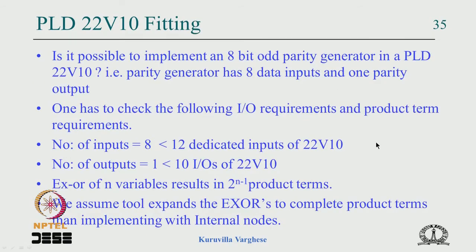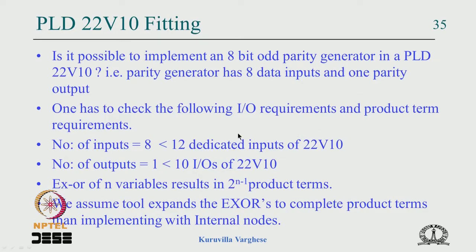And this was a question we asked, the 8-bit odd parity generator. It is nothing but 8 2-input exclusive OR gates, if you consider it like that: 2 input bits go to a first XOR gate, the first XOR gate output and the third input go to the next XOR gate, and so on.